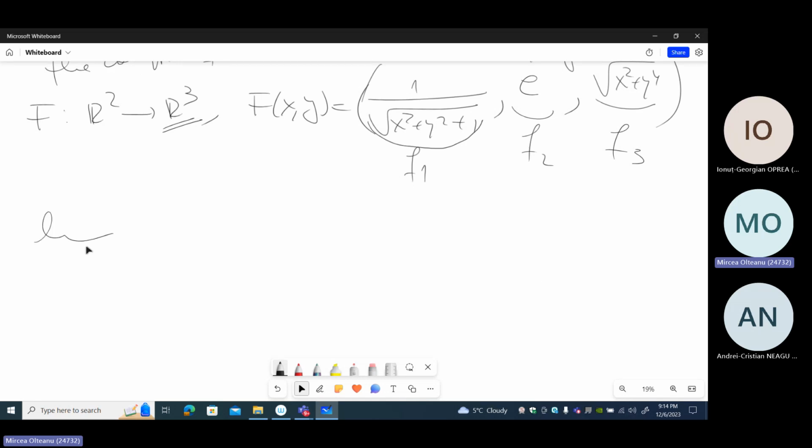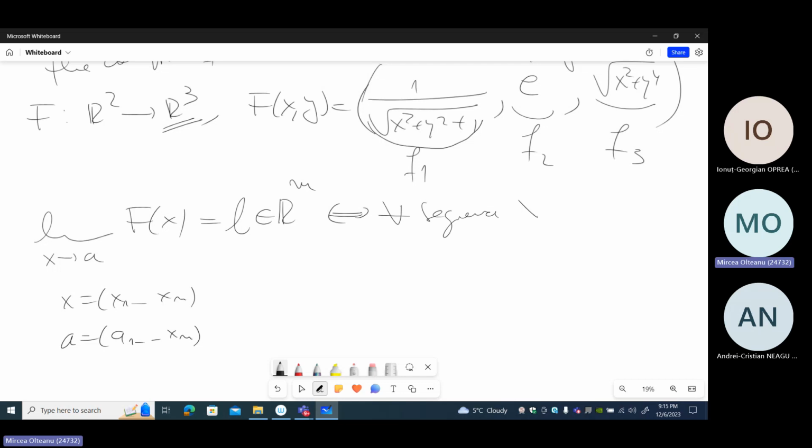We say, for example, that the limit when x tends to a of f of x, here attention, x is a vector x1, ..., xn, a is a vector a1, ..., an, and f of x is a function as before, is L, which is an element in R^m, if and only if we characterize this with sequences: for every sequence xk from the domain of definition, the sequence f of xk tends, when k tends to infinity, to L. So if we know what a convergent sequence means, we can define limits of functions.